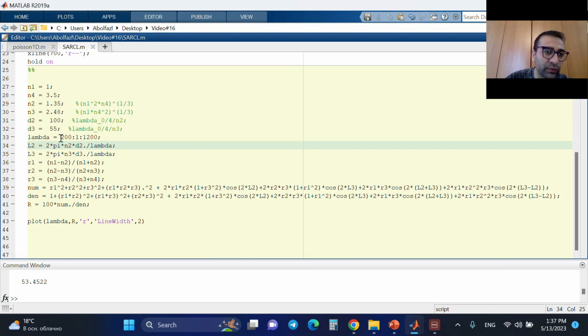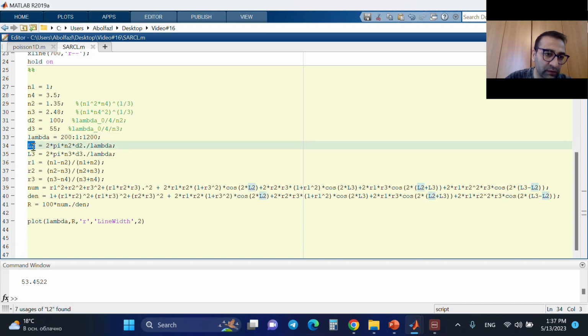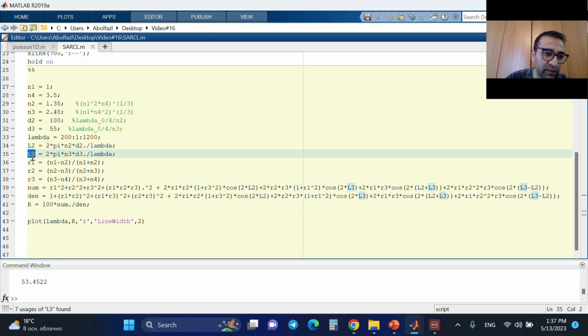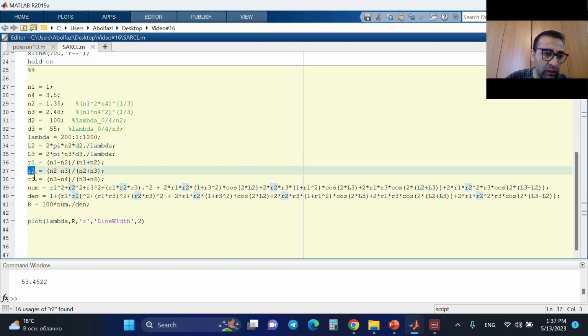Okay, here I have defined N2 as 1.35, N3 as 2.48, D2 as 100 nanometer, D3 as 55 nanometer, and I changed lambda from 200 until 1200 nanometer with a step of 1. Therefore, the definition of L2 will be this, and the definition of L3 will be this, R1, R2, R3.